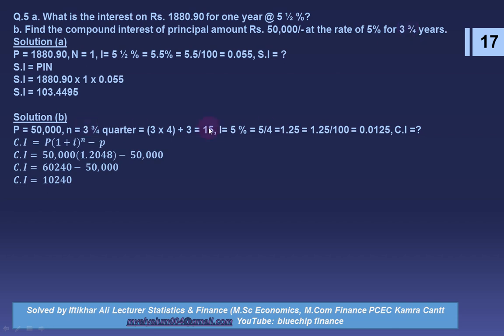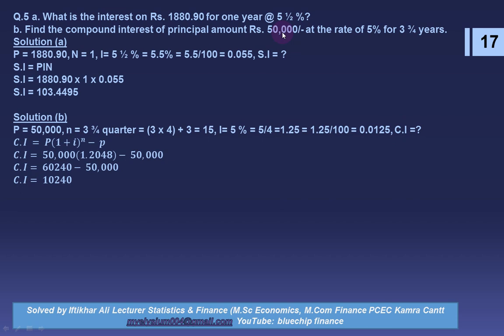So N will be 15. Interest rate is 5% annual, but the case is quarterly based. So 5 divided by 4 equals 1.25, and as a fraction it is 0.0125. Interest rate is 0.0125.